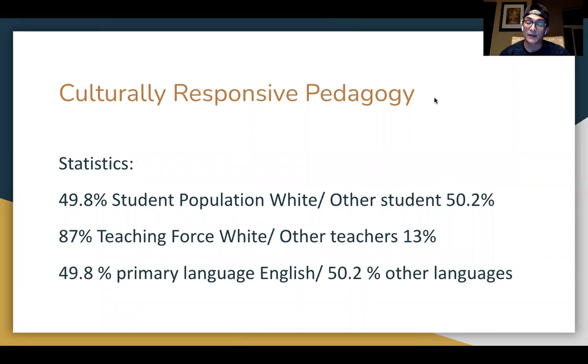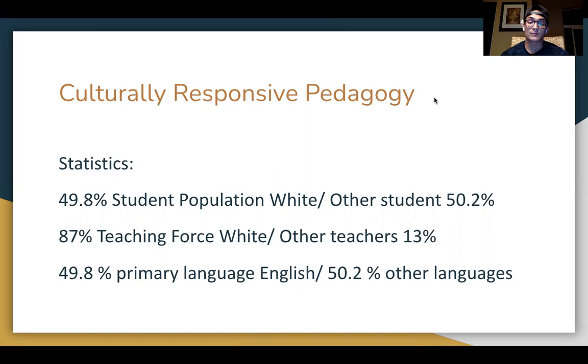Culturally responsive pedagogy. Here are some statistics that I thought were pretty eye-opening. 49.8% of the student population is white, while other students are 50.2% other backgrounds. 87% of the teaching force is white, while other teachers are left at 13%. So, huge number right there, big difference.